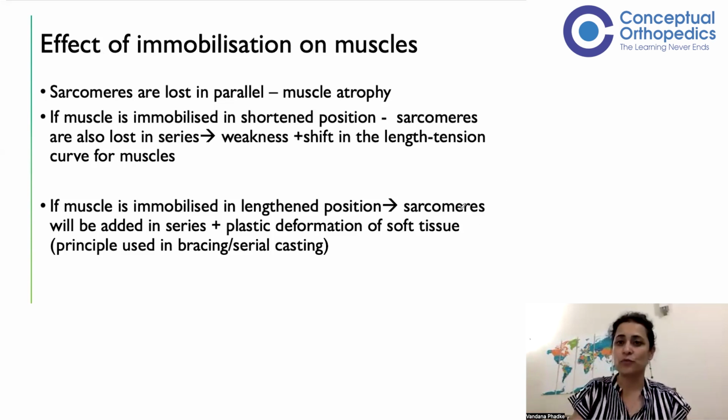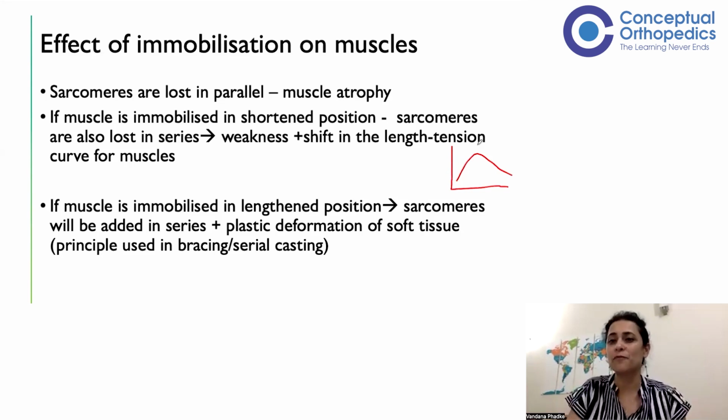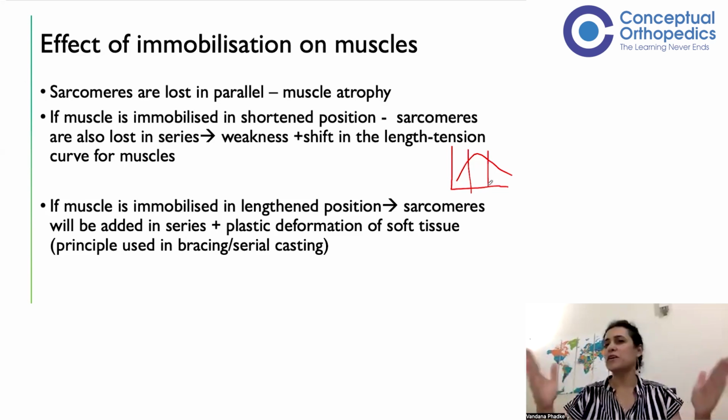I don't know if you know about this or not, but muscles are such elastic structures that they produce maximum force in the middle region, because that is where sarcomeres get the most space for overlap. You do not get a very strong contraction when the muscle is in a very shortened position, or in a lengthened position.